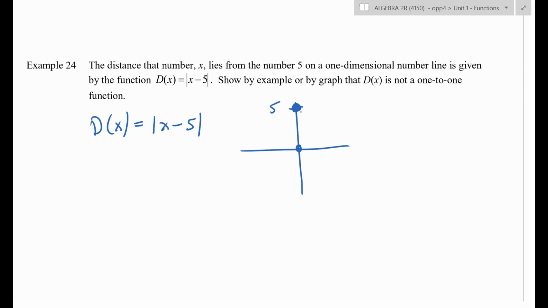Now what? How do I get my graph? Say again? It's 1x. What's that mean? Oh, okay, so you're thinking line. All right, so here's the thing.